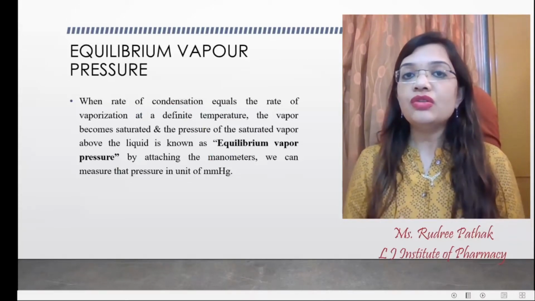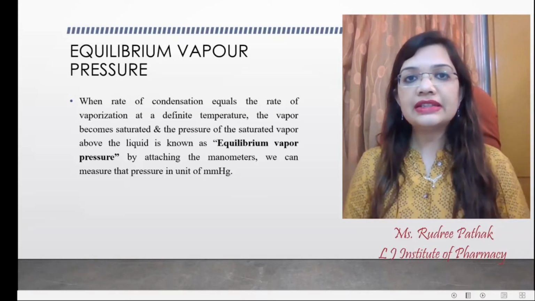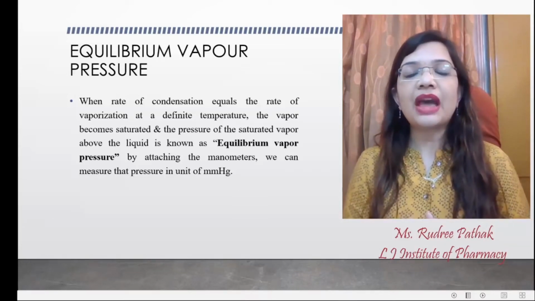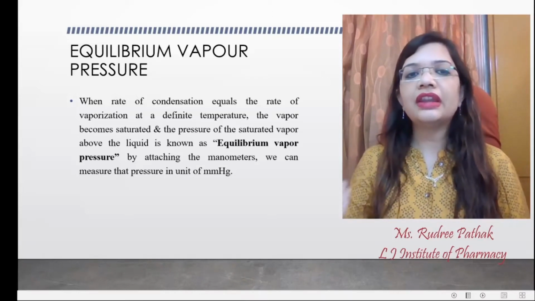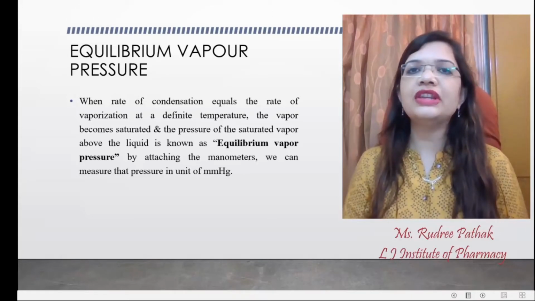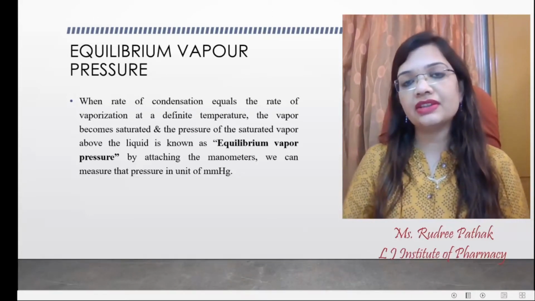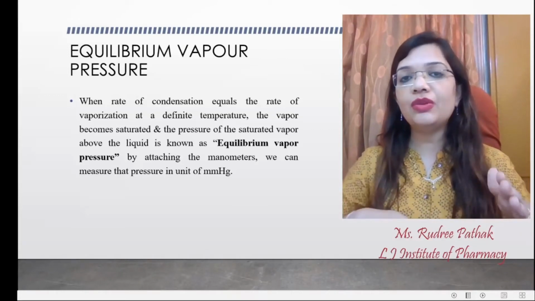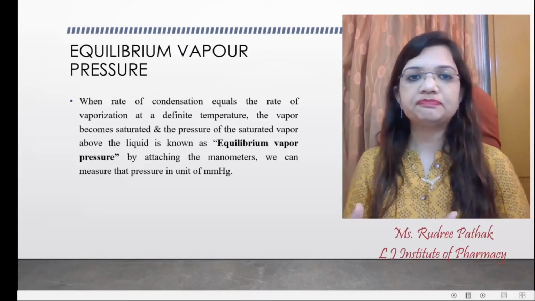It is the phenomenon when the rate of condensation, that is bouncing back of vapor molecules to the liquid state, and the rate of vaporization, that is transition of the topmost layer of molecules having highest kinetic energy to the vapor state, are equalized. That is known as equilibrium vapor pressure.